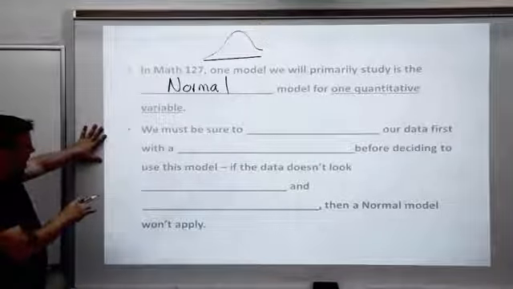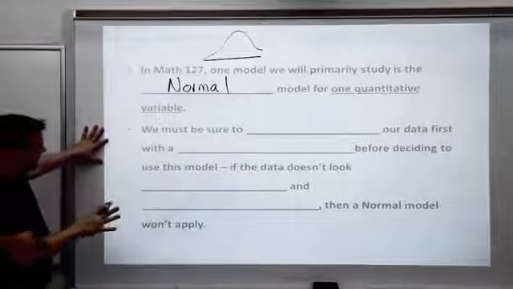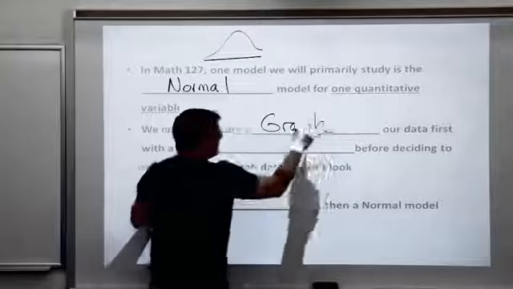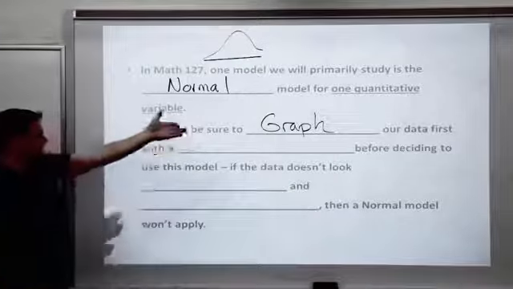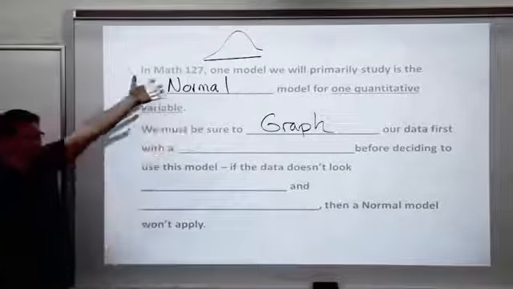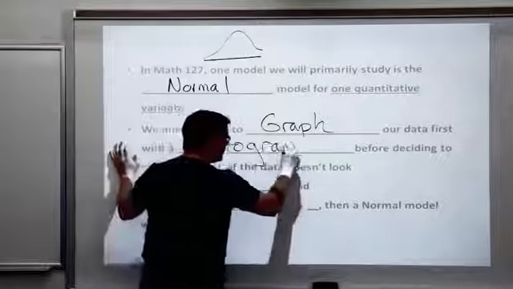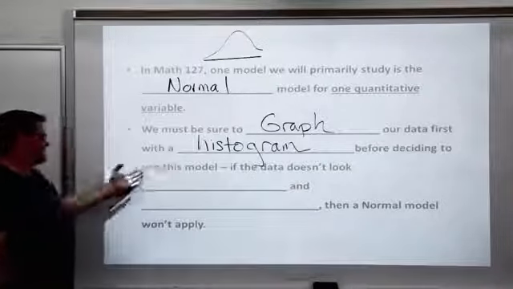How do we know when a normal model will be appropriate? Number one, we must be sure to graph our data first. Graph it to see if it looks normal. It's as simple as that. Be sure to graph the data first. We'd use a histogram, of course, before deciding to use that model.